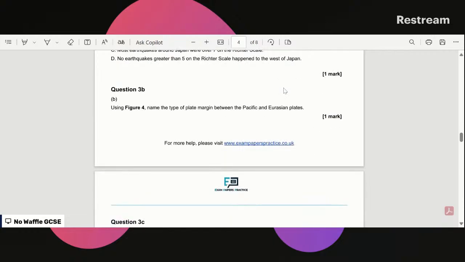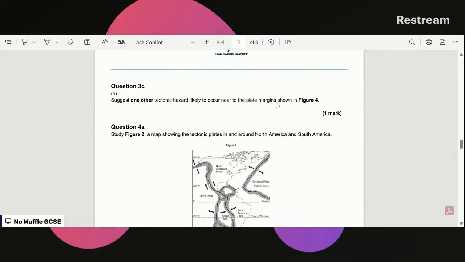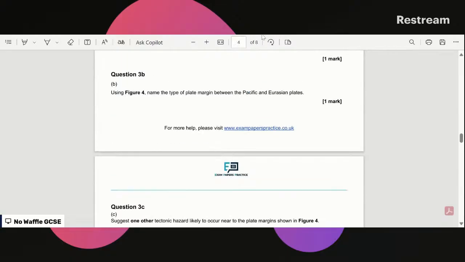Okay, now looking at the next one. Using figure 4, name the type of plate margin between the Pacific and Eurasian plate boundaries. So where is it?